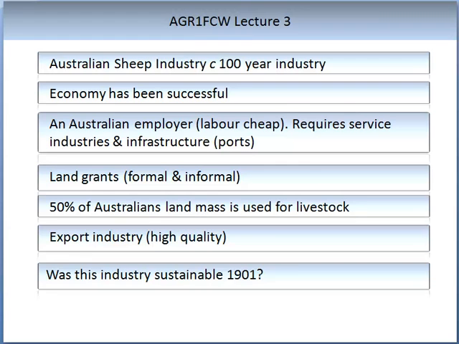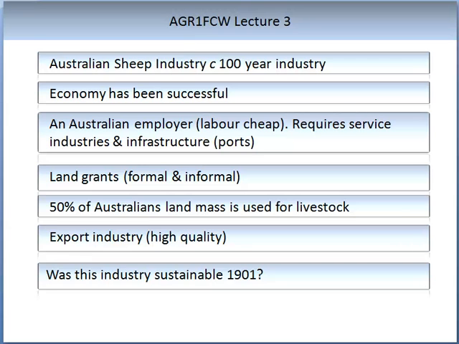Australian agriculture benefited from many different practices, both formal and informal land grants, overseas capital and access to relatively cheap labour through Indigenous workers. It combined the innovation and hard work which has led to Australia becoming a lead exporter of fine food and meats.